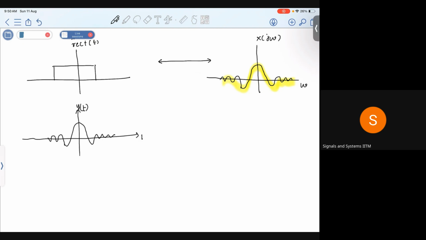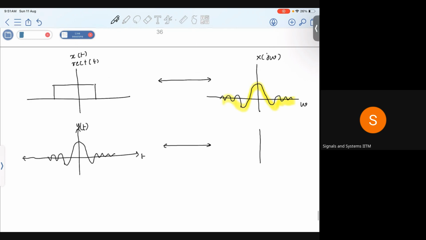Call it some y of t. Then duality property says, with some change in the coefficients, for this signal in the time domain, the frequency representation would be like this with some scaled terms.